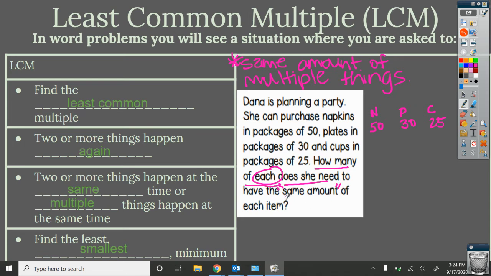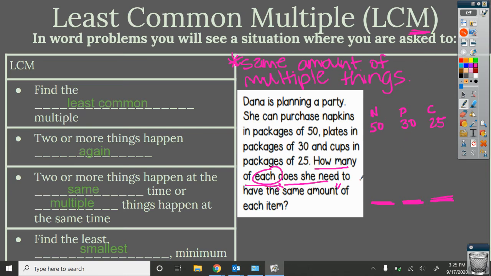This same amount is the situation that lets you know that you need 50, 30, and 25 to all end up being the same number, because you want to have the same number of napkins, plates, and cups. We can't split packs, which means we're going to need multiple packs.